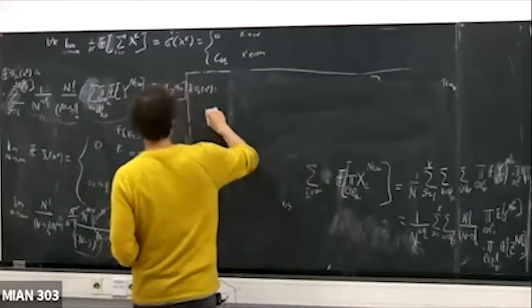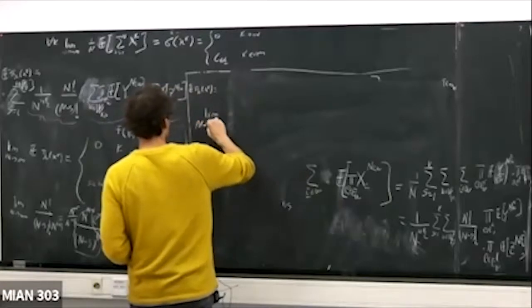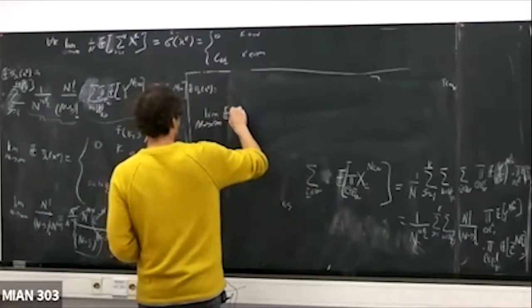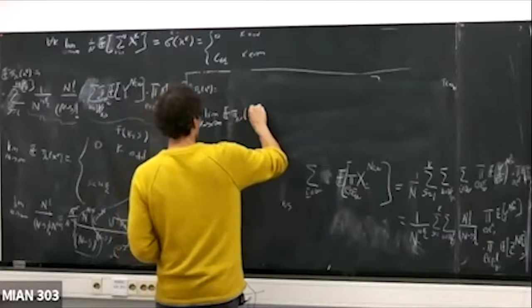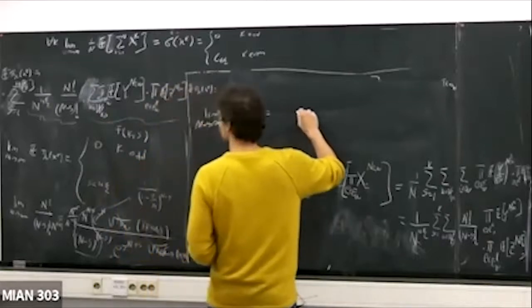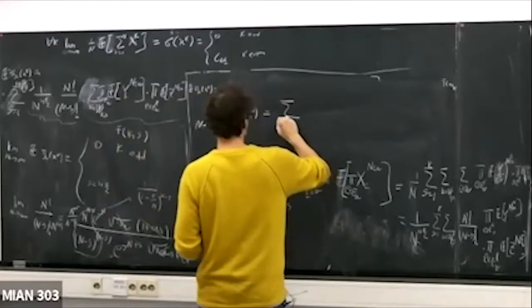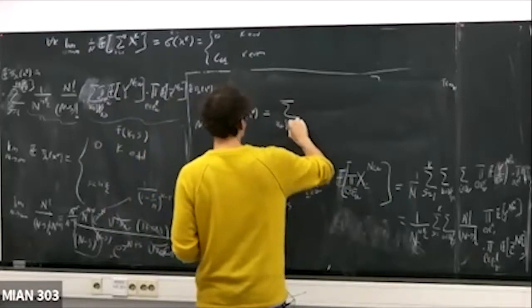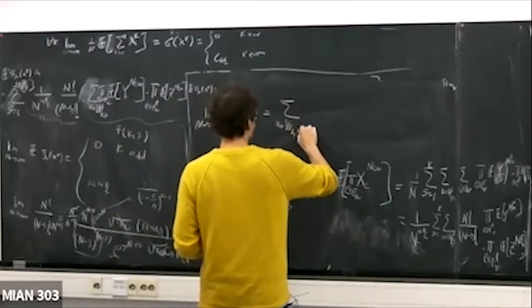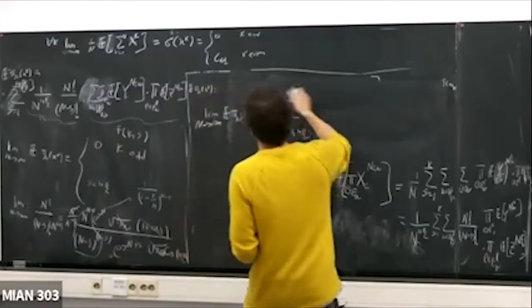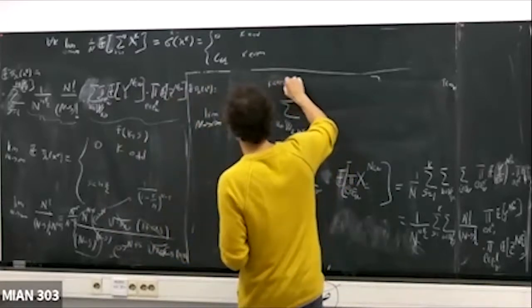So we have that the limit of the expected value of the trace of pi n x to the k is equal to the sum, only the last term, of all the words in W_{k, 1 plus k over 2}. So k is even, otherwise it's 0.